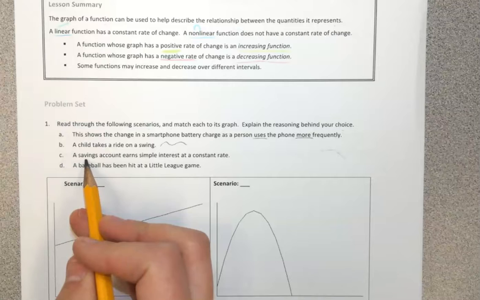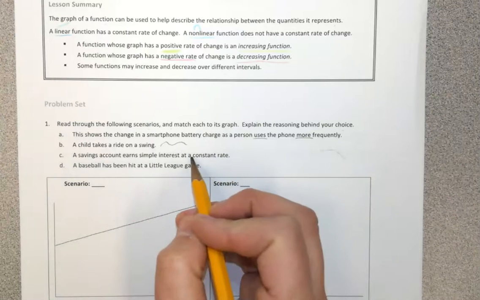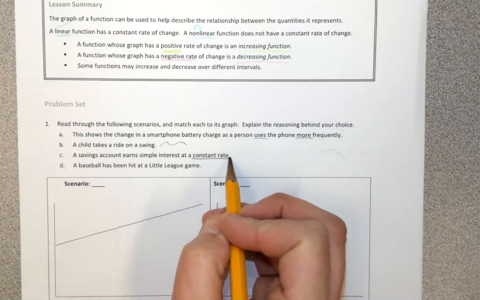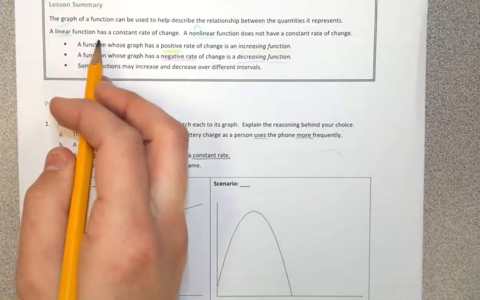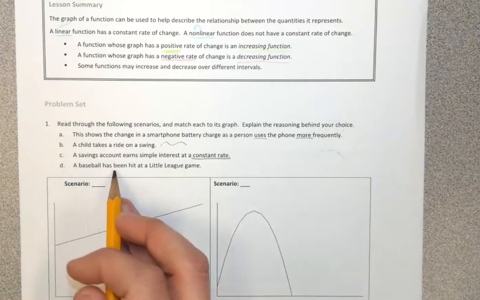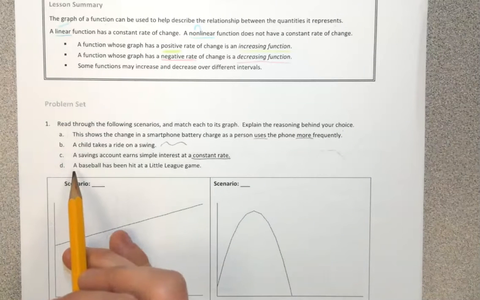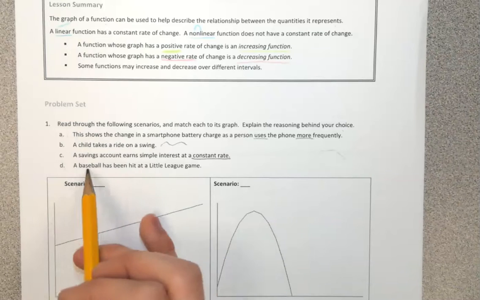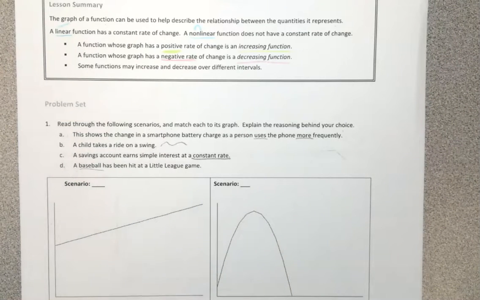C, a savings account earns simple interest at a constant rate. Your keyword there is constant rate. So we know we're going to have a linear function, which is a straight line. Remember, a linear function has a constant rate of change. And then D, a baseball has been hit at a Little League game. Well, we've talked about the baseball scenario in the past, so keep that in mind. So we're talking about the baseball and how it would be represented on the graph.